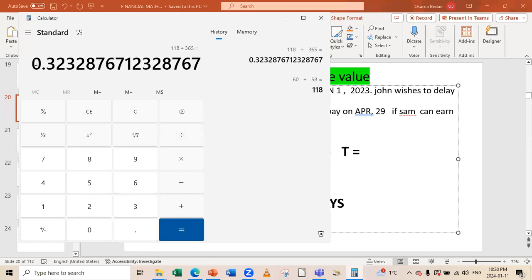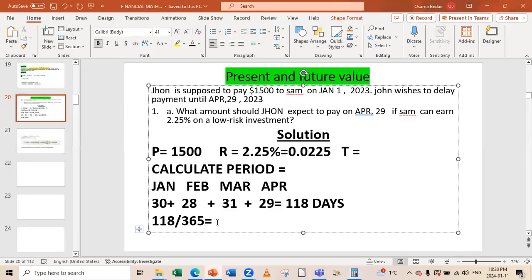I will take these three digits, Control C, and go back to my example, and Control V. This is in years, so it is 0.323 of the year. Now I have the P, I have the T, and I have the R, or the rate of interest.